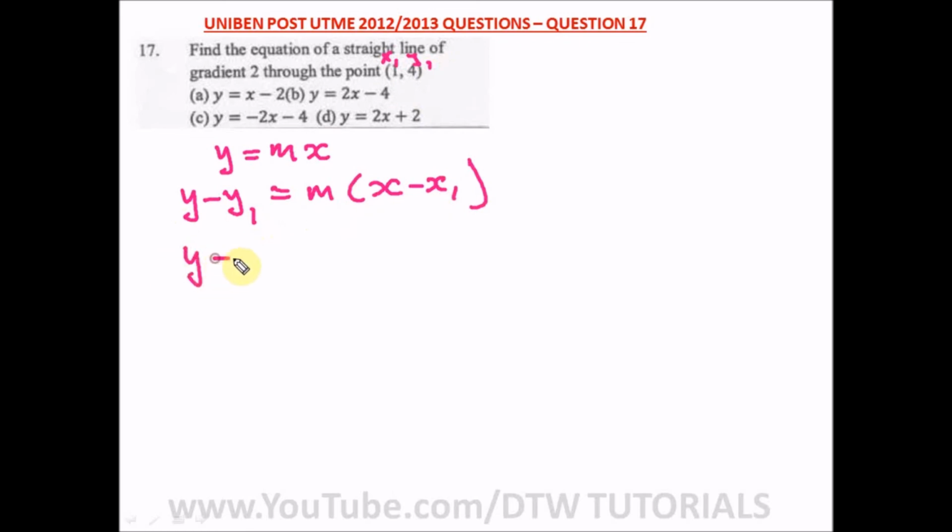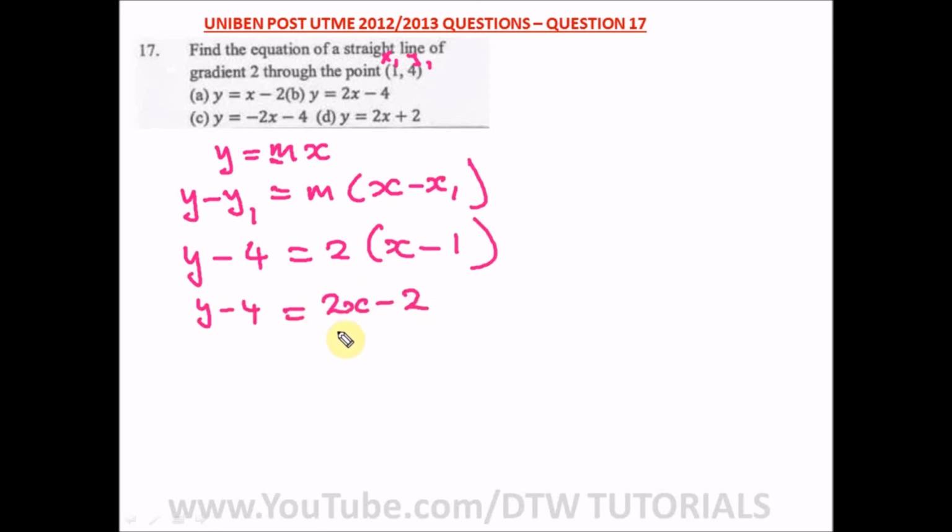So we have y minus, what is y1? 4 equal to, what is our gradient? Is 2. Okay, our gradient is m, which is 2, bracket x minus, what is x1? That is 1. Okay, so from here we have y minus 4 equal to, opening the bracket, 2x minus 2. Okay, so from here let's resolve this.